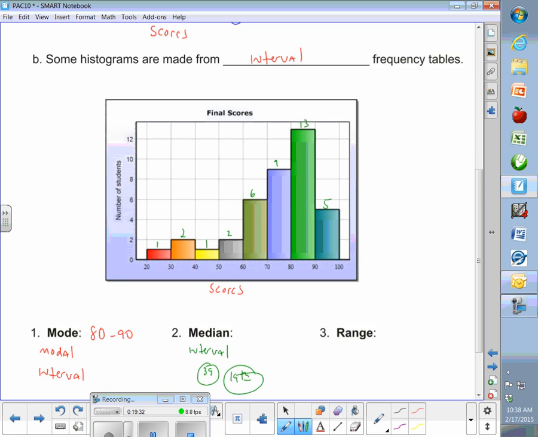Wait a minute. It's the 20th piece of data. I knew that bothered me when I said it. Let me clean this up. So that's the 20th piece of data, right? 1 through 19, then you hit the 20th, and then 21 through 39 is another 19 pieces of data. So it's the 20th piece of data.